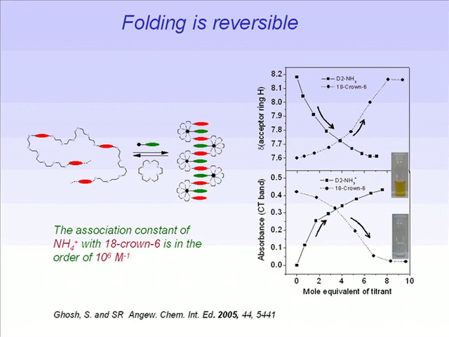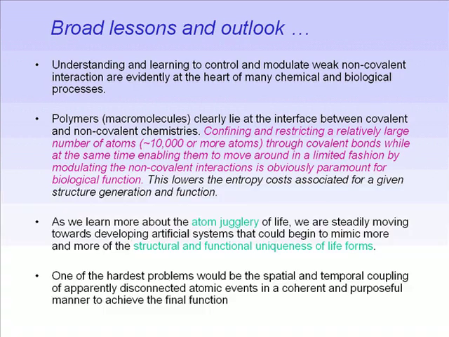So which means I can take a macromolecule that has a random conformation, for instance, and come in with a unit that simply plugs into it in such a way that it folds the macromolecule in a particular fashion as shown here. The interesting feature about this is our ability to pluck out this at will by utilizing an appropriate agent. For instance, in this crown ether, which complexes with this agent much more strongly than the other one.